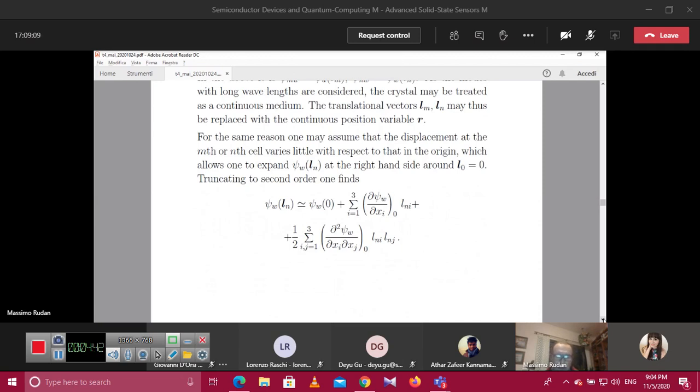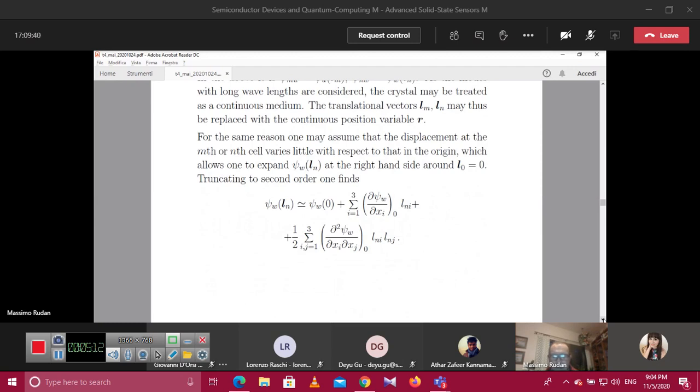So we may assume that the displacement in any coordinate direction of the atoms of the cell indicated by L n, that is the translational vector L n of the lattice, differs not that much from the displacement of the cell near the origin.